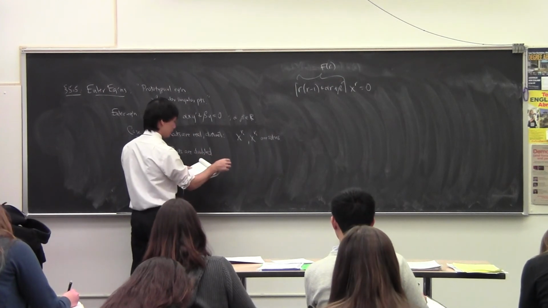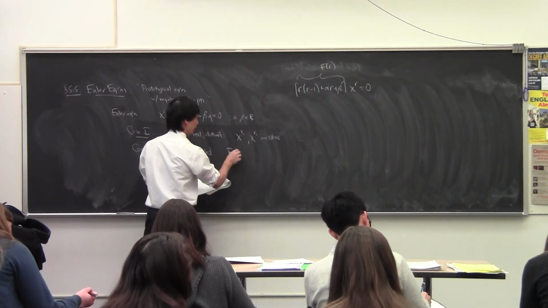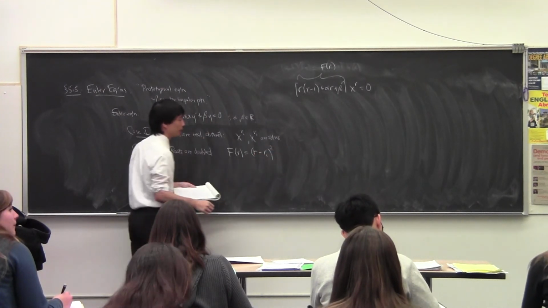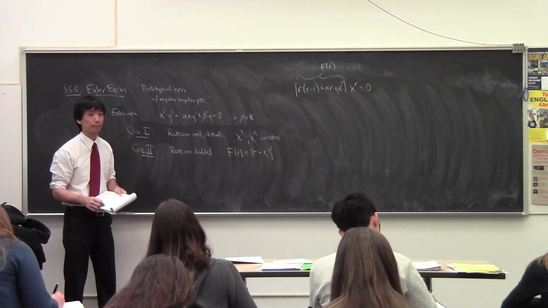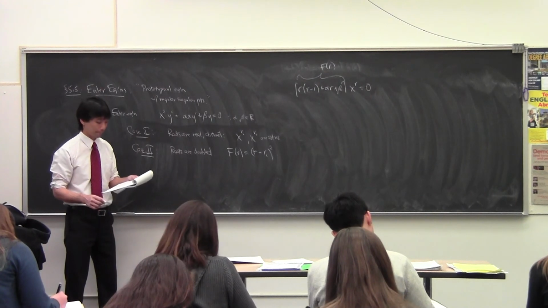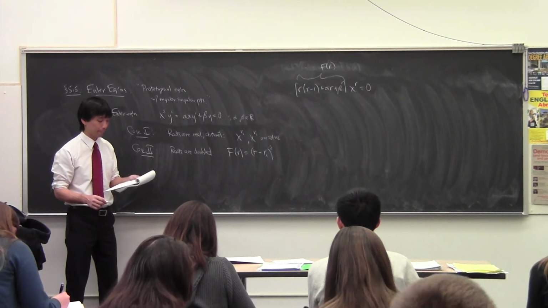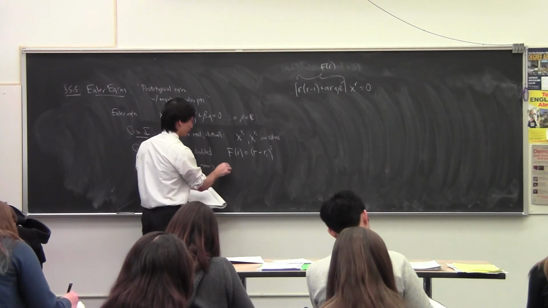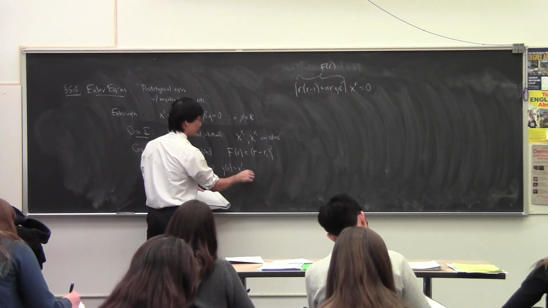You've got one double root, say r1. So f of r in that case is r minus r1 squared. In that case, of course, you have one solution.